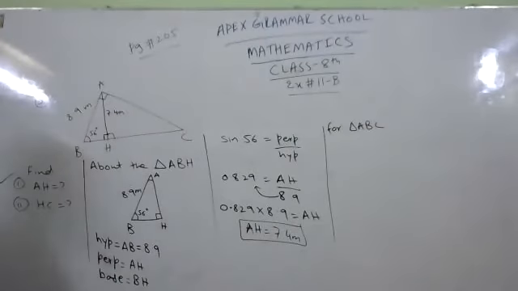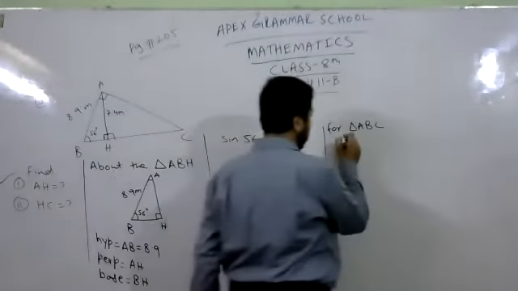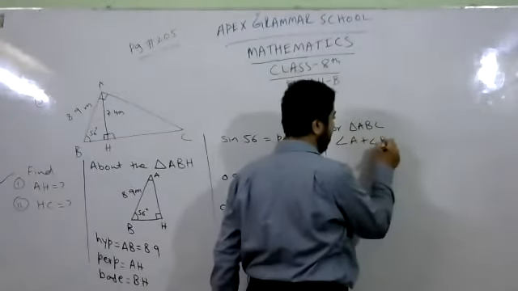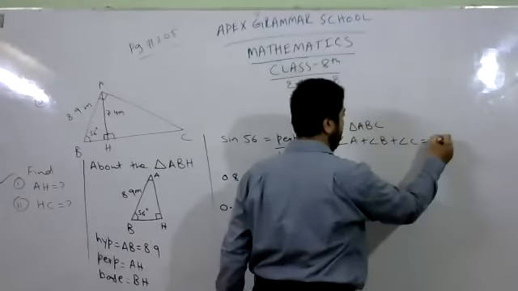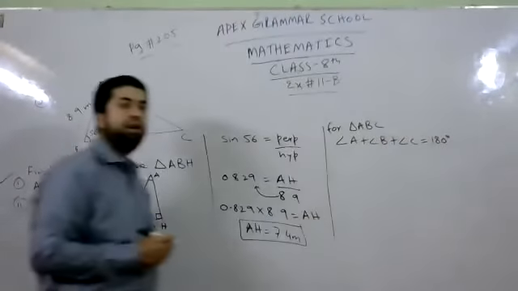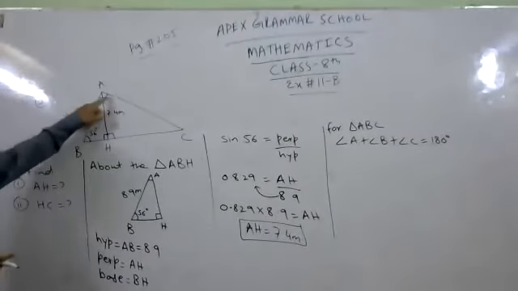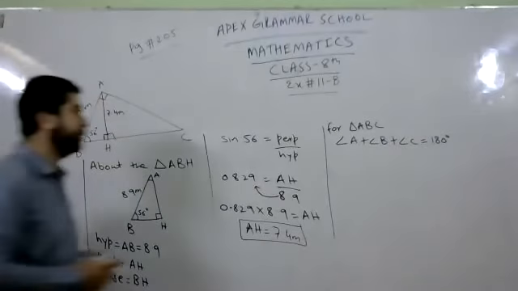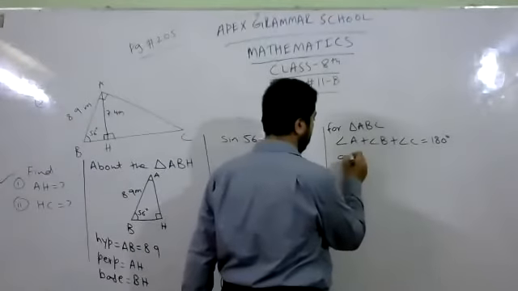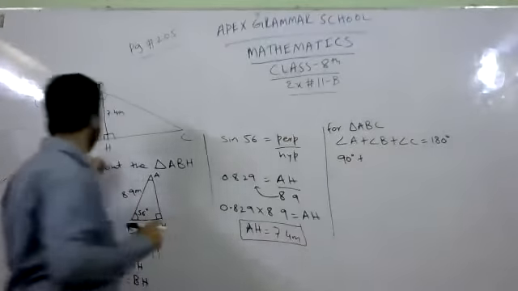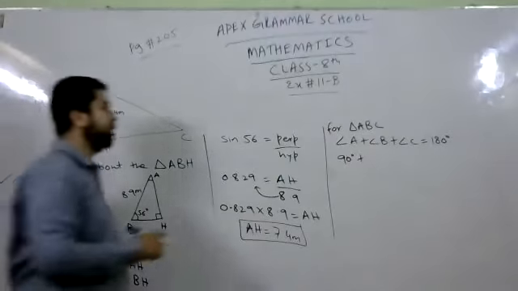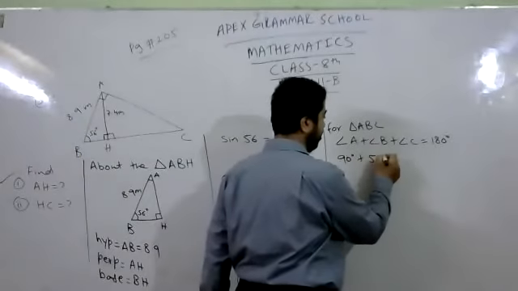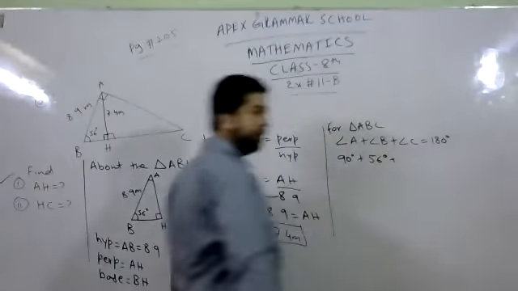For this triangle ABC, we know that angle A plus angle B plus angle C is equal to 180 degrees. Angle A is completely 90 degrees, and angle B is 56 degrees.